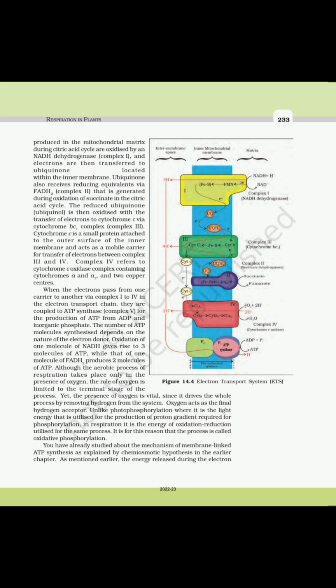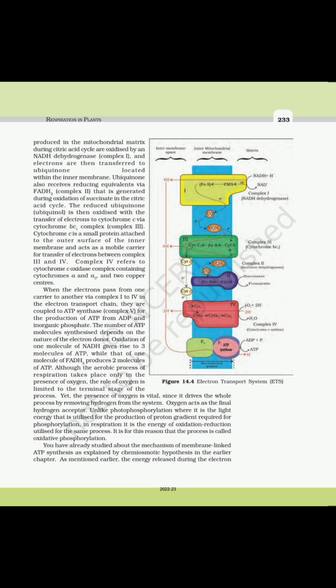Cytochrome c is a small protein attached to the outer surface of the inner membrane and acts as a mobile carrier for transfer of electrons between complex III and IV. Complex IV refers to cytochrome c oxidase complex containing cytochromes a and a3 and 2 copper centers.